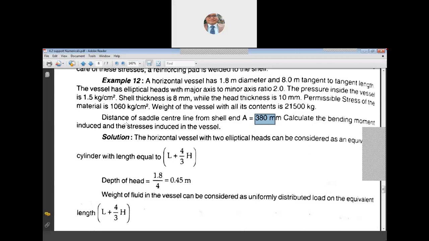Instead of all the stresses, we are only calculating the longitudinal stresses in this vessel, in this numerical.